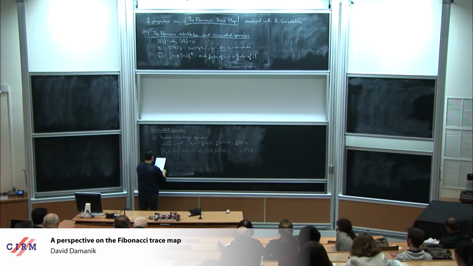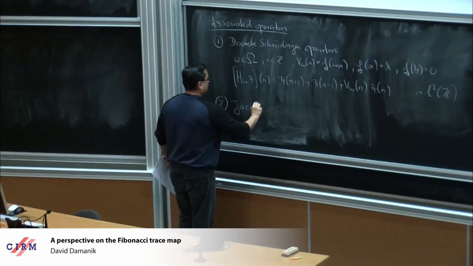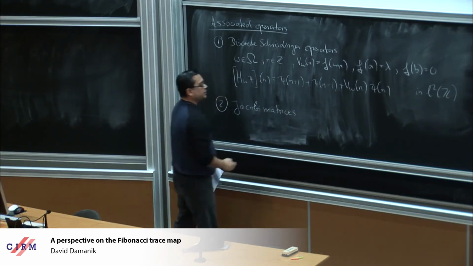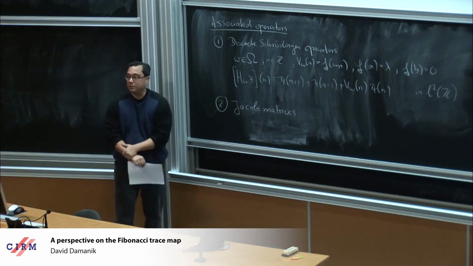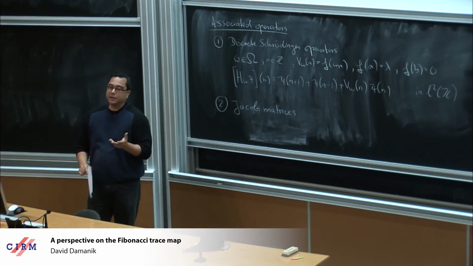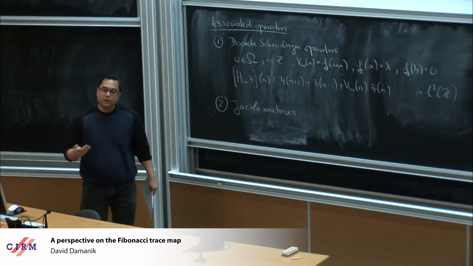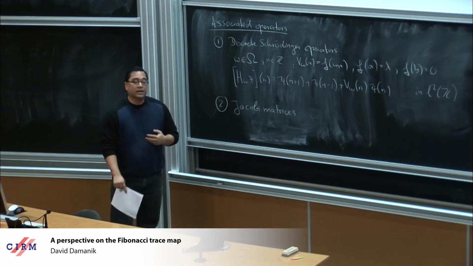Okay, so my second class is Jacobi matrices, which is actually a generalization of this class of operators. But the motivation for studying that is twofold. One is they arise in the study of orthogonal polynomials on the real line. And the other one is they arise in inverse spectral theory.